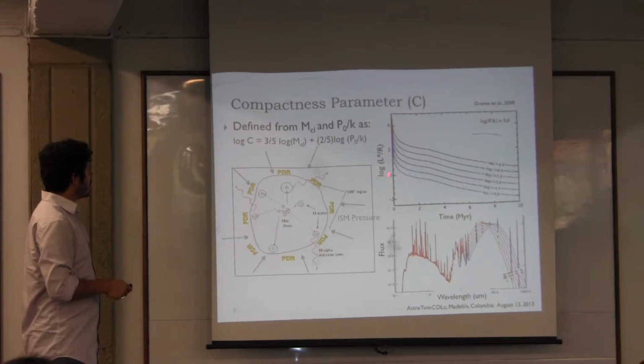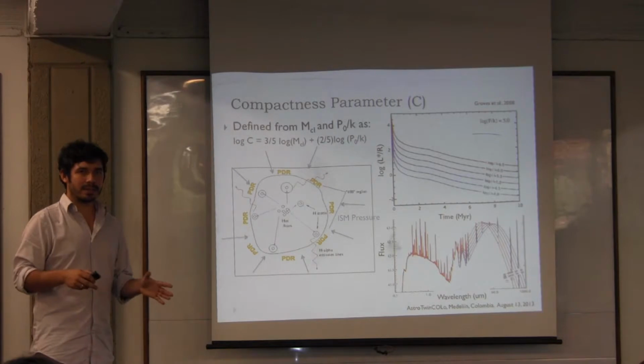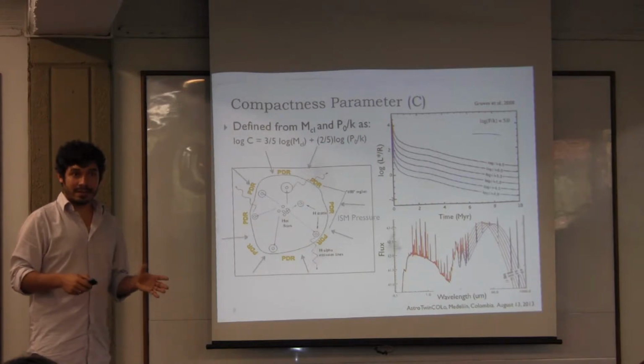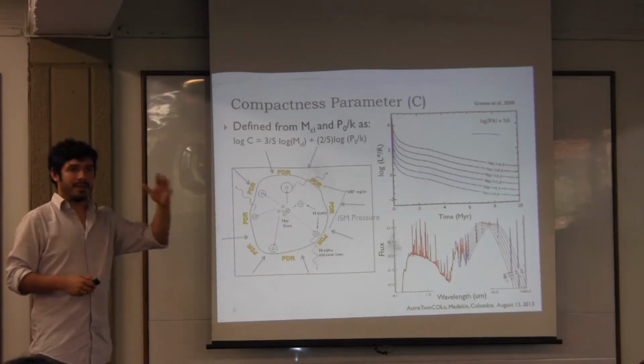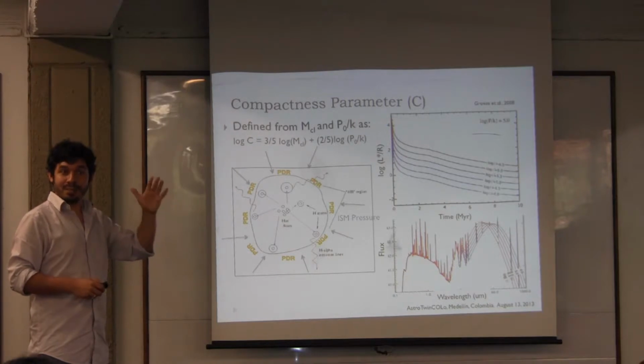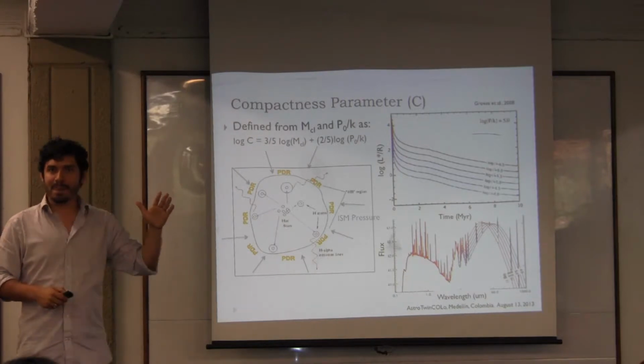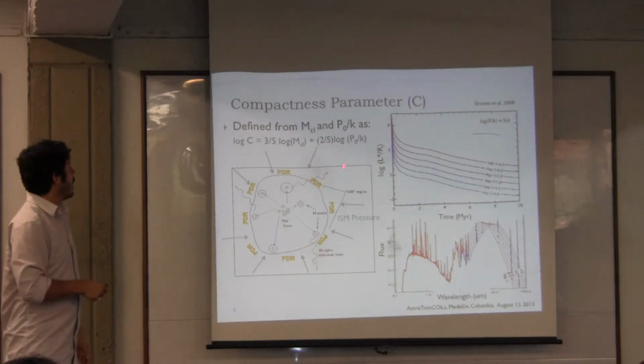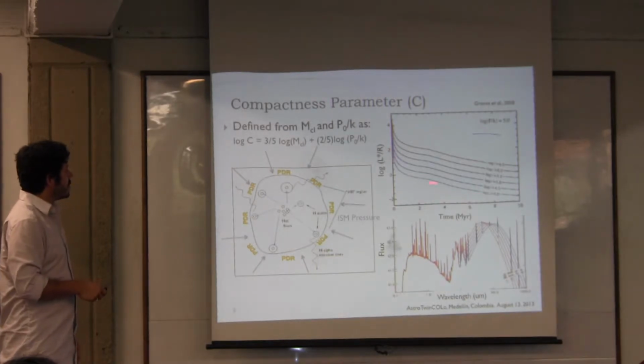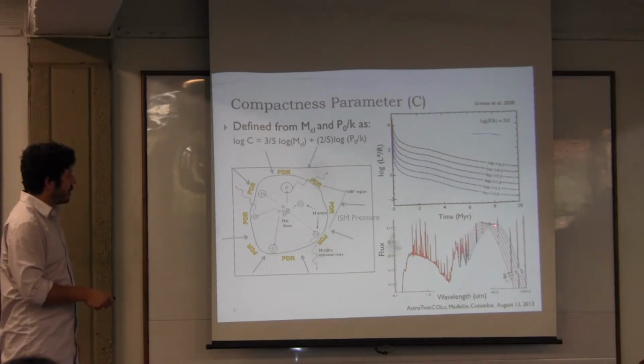So what the compactness is really controlling is the heating flux of the dust. In other words, how much flux, how much energy per unit area, is the dust receiving as time goes by. And you see that for different compactness, you have a different evolution of that heating flux. And the way that reflects in the spectral energy distribution is mostly by changing the position of the peak.